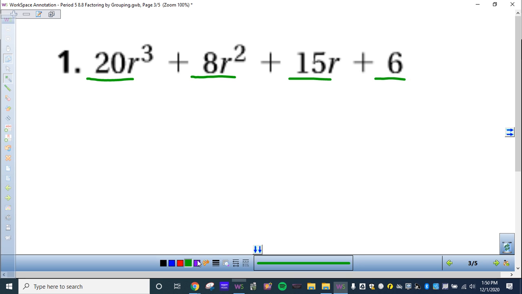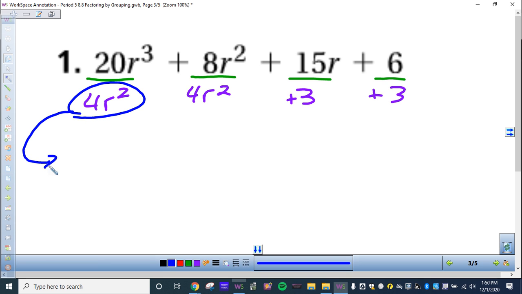So we can divide out a 4r squared and a positive 3 out of the last group of terms. So we take that 4r squared and write it in front of the parenthesis.